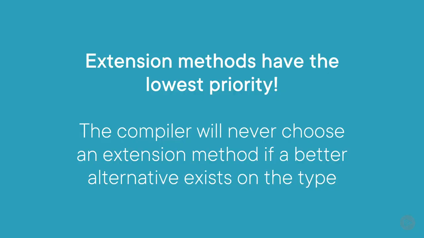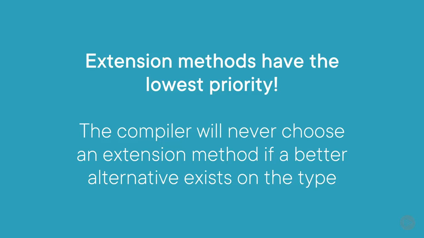You may be wondering what happens if a method already exists on the type that matches the exact signature that you are creating using one of these extension methods. The compiler will make sure that the extension method would never be used if the type has a matching method signature.